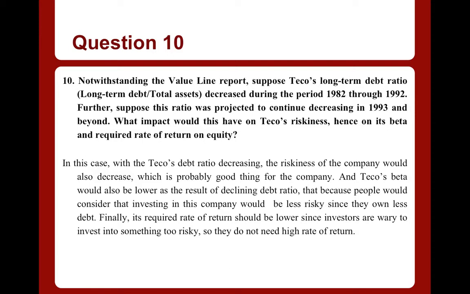That's because people would consider that investing in this company would be less risky since they owe less debt. Finally, its required rate of return should be lower since investors are worried to invest in something too risky, so they do not need a high rate of return.